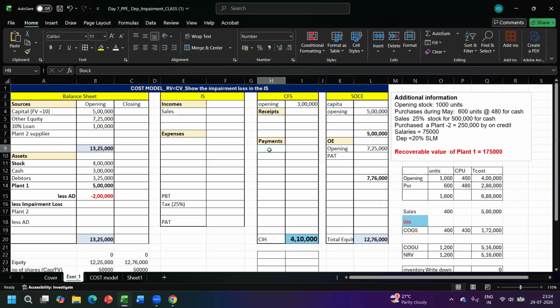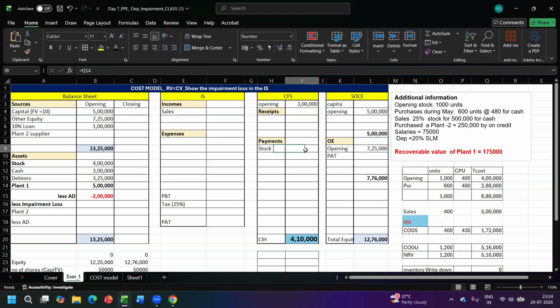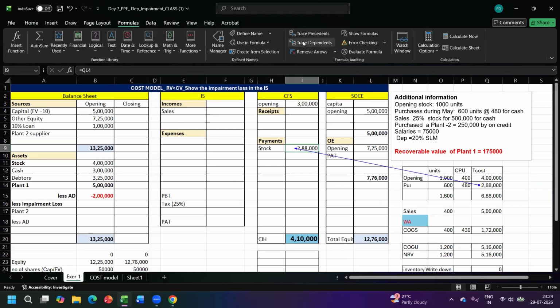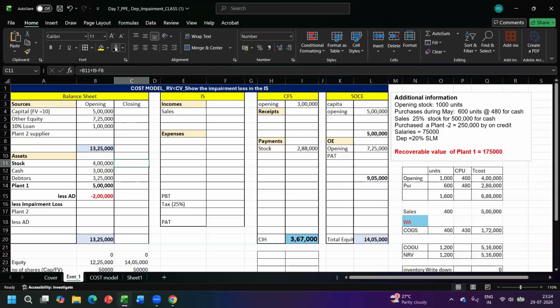So the company purchased 600 units at the rate of 480 for cash. So the company has purchased goods and paid money, that is 288,000. As a result, since the stock has not been sold, we will have the stock increase to the extent of the purchase.